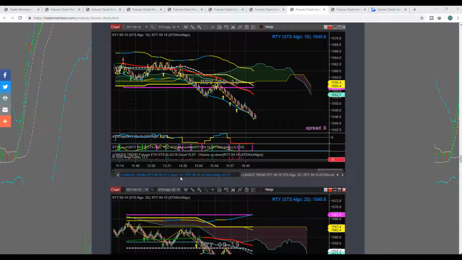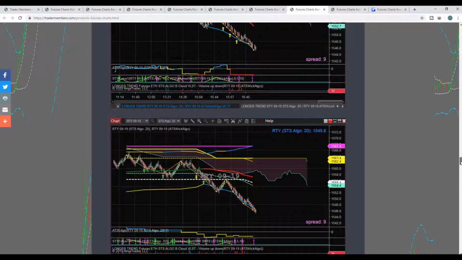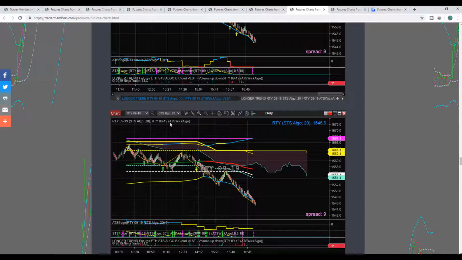The more ticks are set, the longer the trend. The chart below is the RTY with a 20-tick setting. So this cloud was created using a 20-tick setting, which made a much even longer trend. And you can see this huge bearish cloud to the right as it rejected it on these bounce attempts.